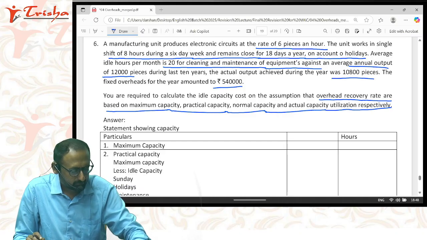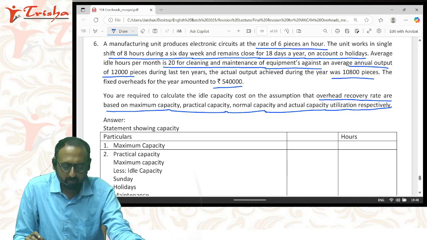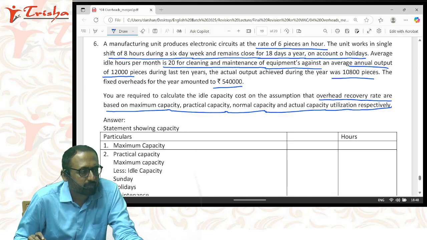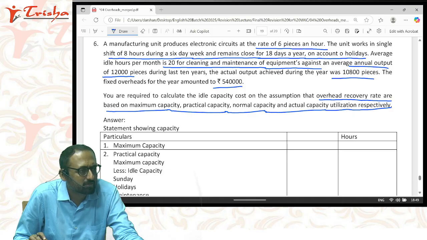Tell me. How much will be your installed capacity? How much will be your maximum capacity? How much will be your rated capacity? Any answer, guys? Wrong answer.